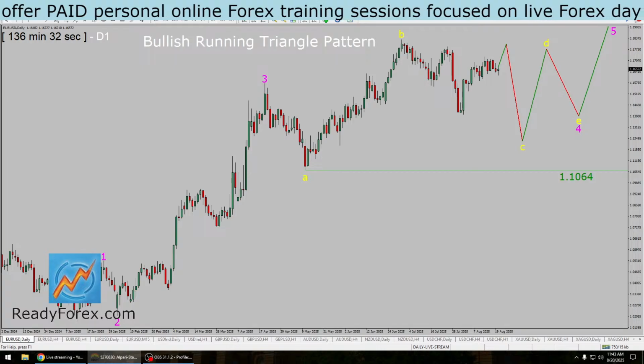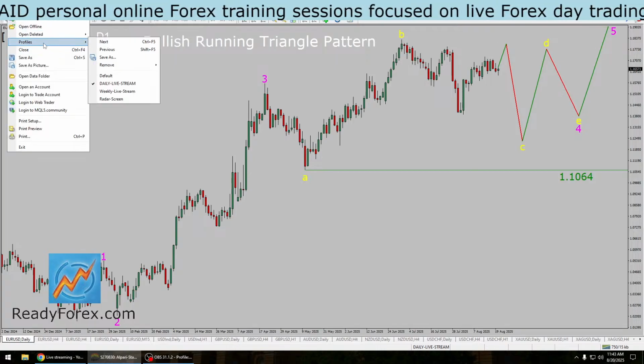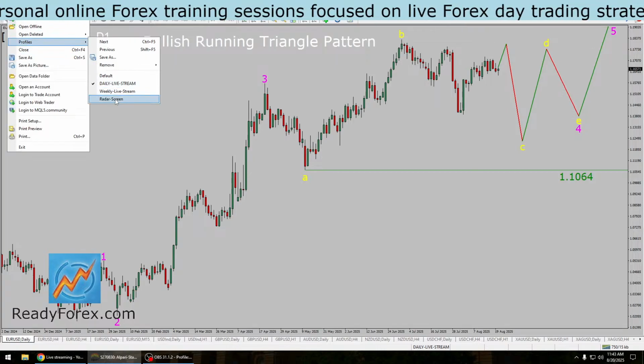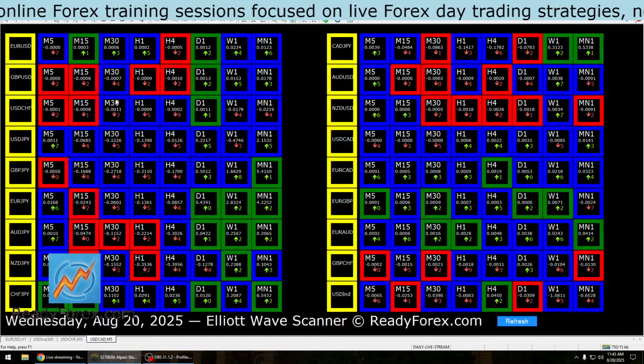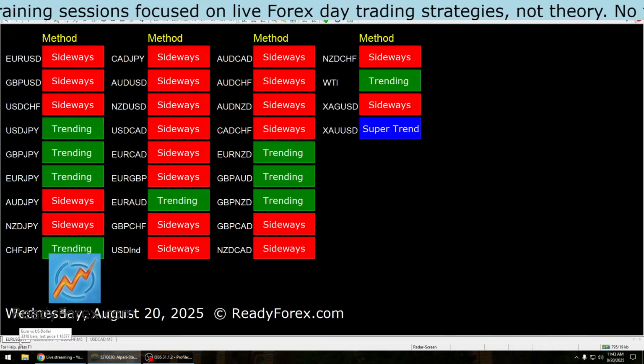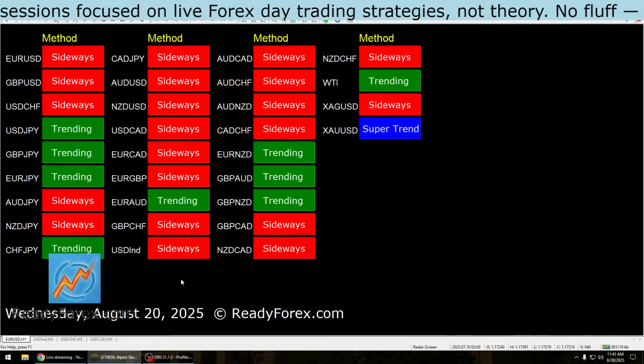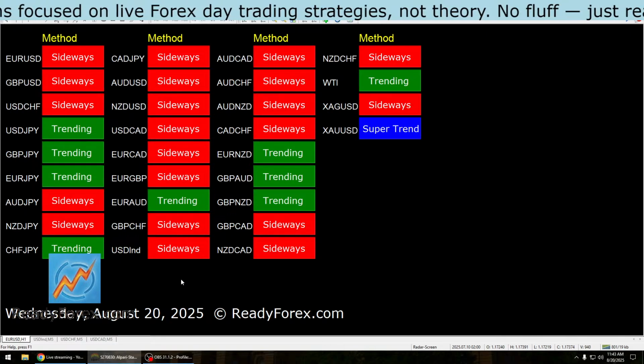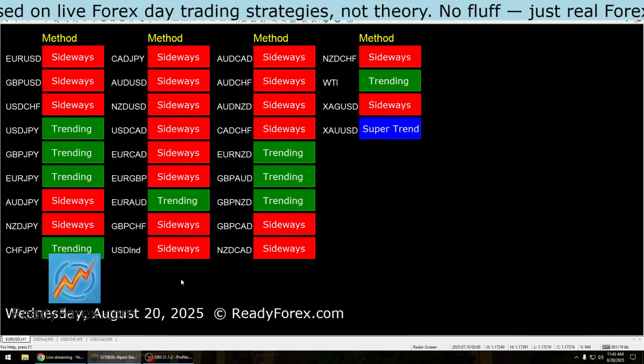Now let me go to the profile, and I want to first check out the radar screen indicator. Let's see what's going on with the radar screen. Most of the pairs are going sideways.